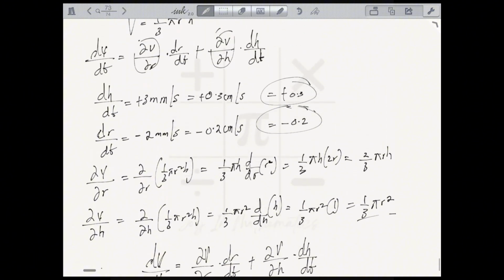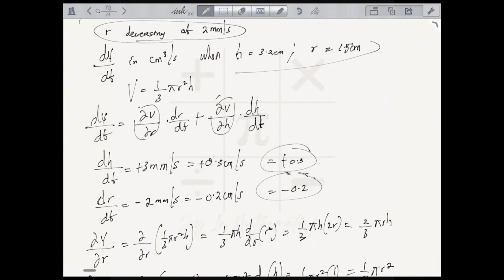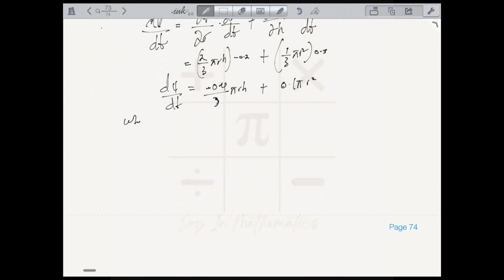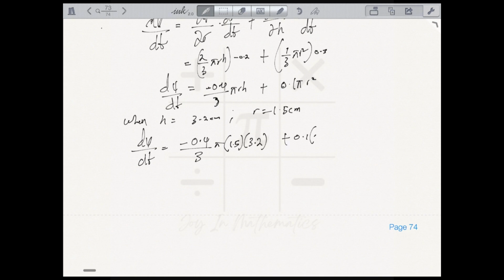Now we were given when h is equal to 3.2 centimeters and r is equal to 1.5 centimeters. Therefore, dV/dt is minus 0.4 divided by 3 multiplied by pi of 1.5 multiplied by 3.2, plus 0.1 multiplied by pi multiplied by 1.5 squared.